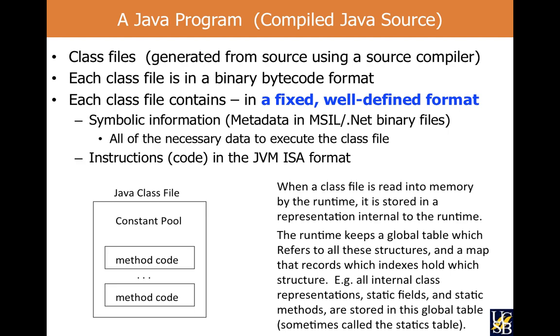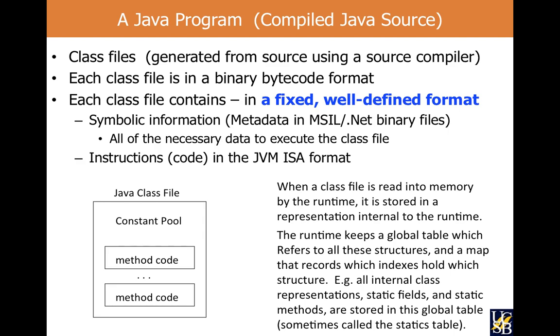The runtime also keeps a big global table that refers to these different structures, again, just to make it really easy to access as I'm loading new classes, and those classes access classes that are already loaded. We need to be able to link those together, and so these tables facilitate that lookup process.